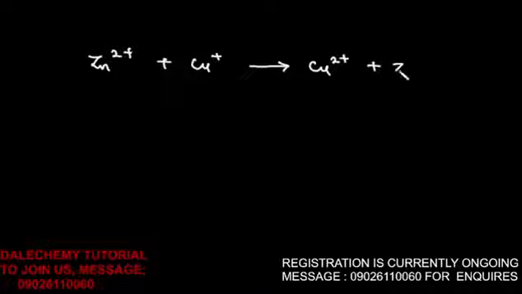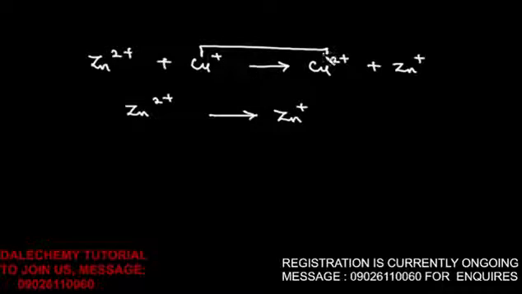Let's say we have Zn2+ plus Cu to give Cu2+ plus Zn. Now you can see that from here, this is reduction, okay, and also from this to this is oxidation because there is an increase in the oxidation number.